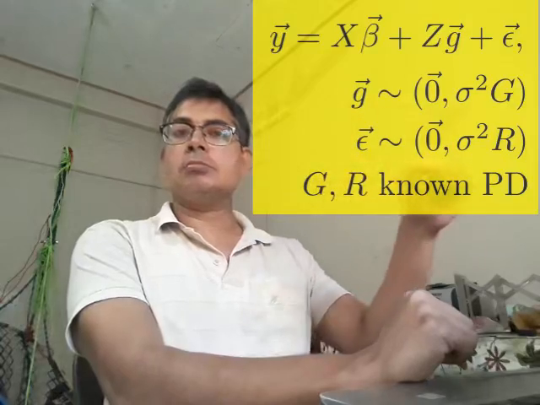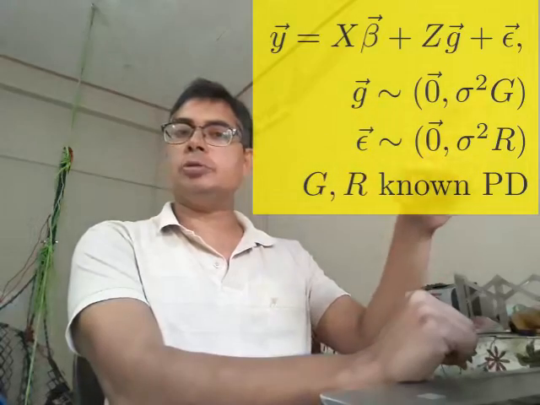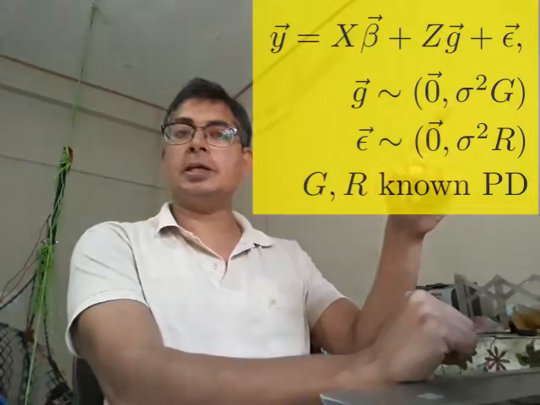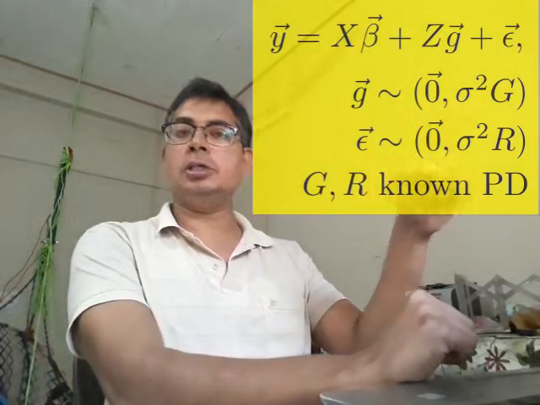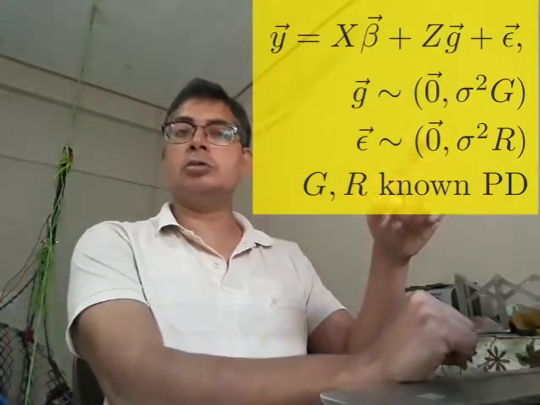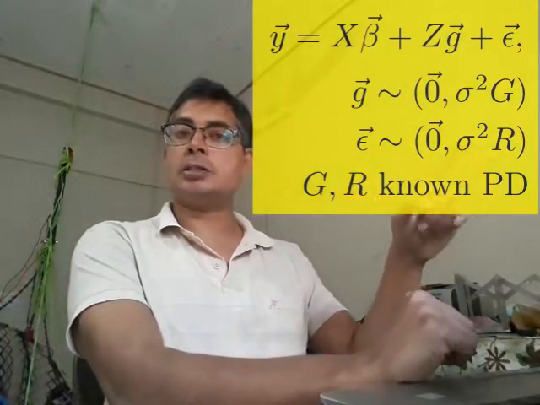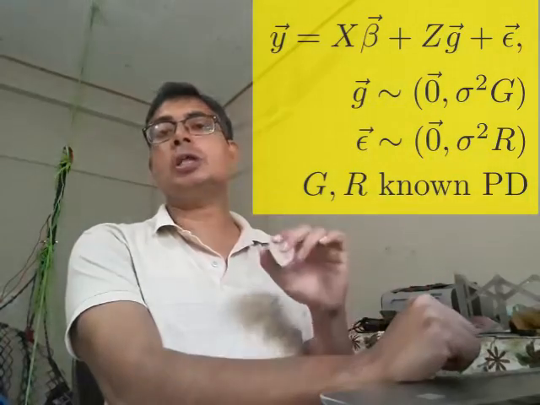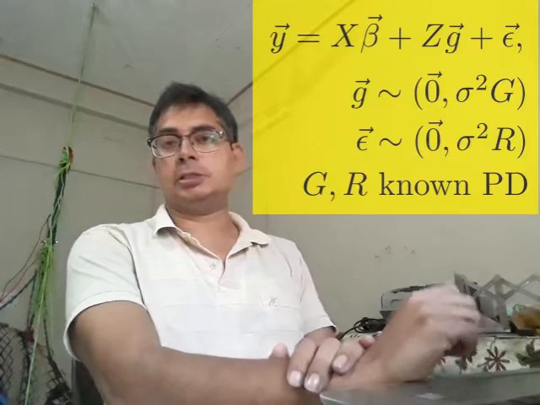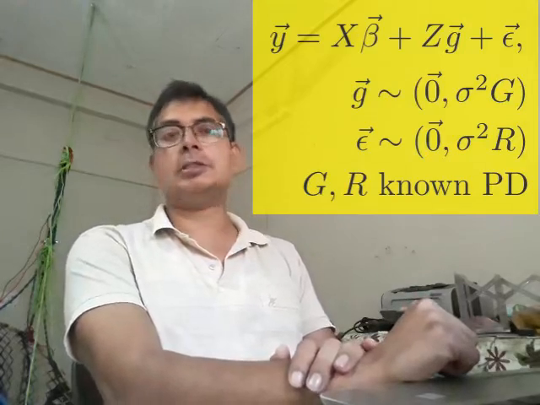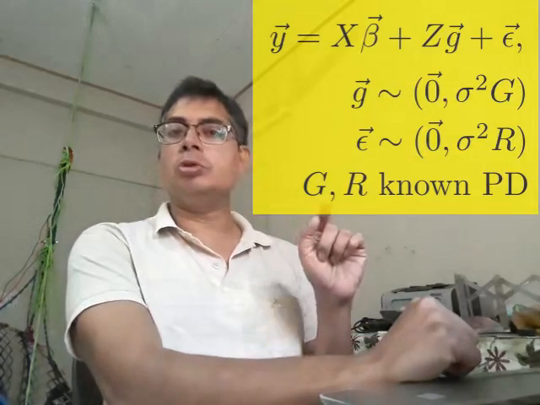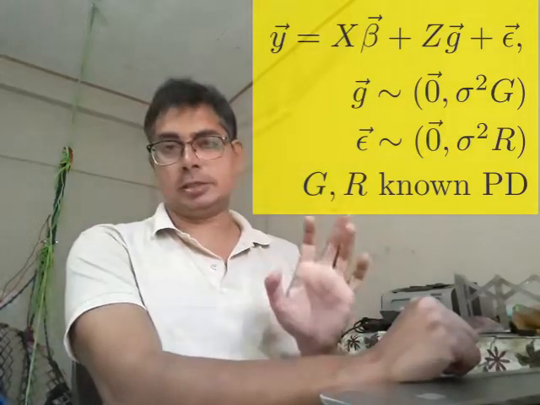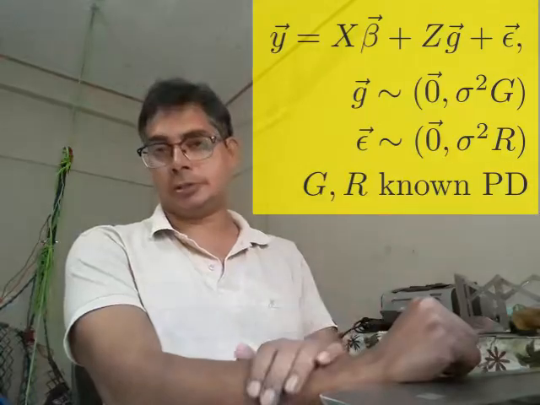G has this particular distribution, mean 0, variance sigma squared times G, and epsilon has mean 0, variance sigma squared times R, with the same sigma squared in both cases. The crucial assumption, which makes it look a bit unrealistic, is that you know both G and R completely, and they are PD matrices.